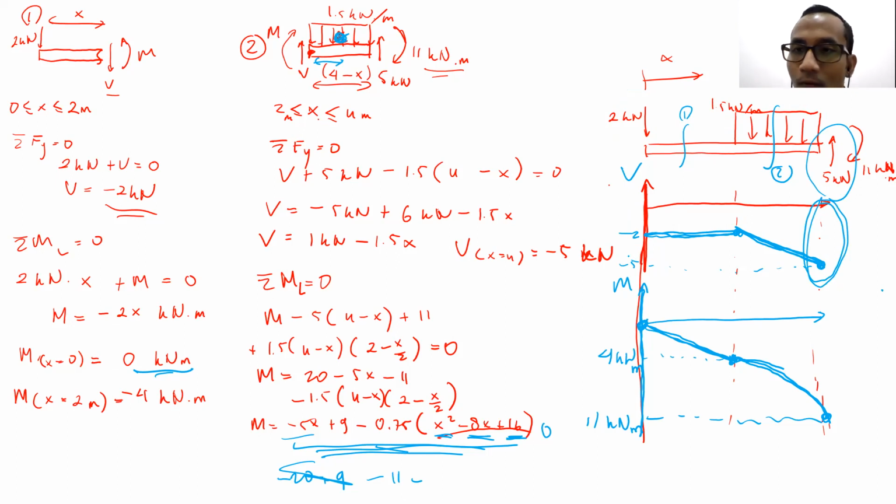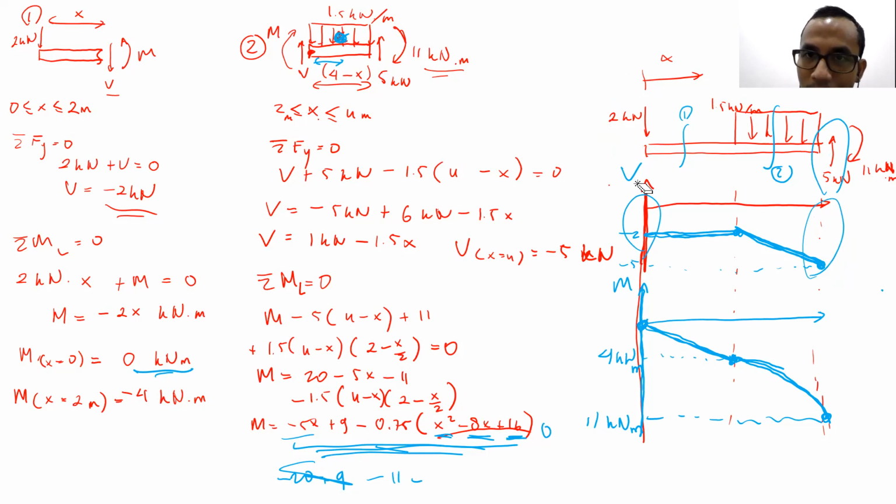This is how to detect whether your answer is correct or not. You can check whether the jump is exactly the same as the shear force that we have at each location. Here, the jump must be the same as this one, and here as well.